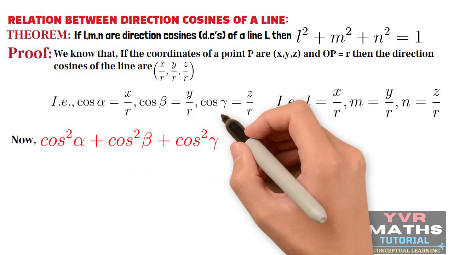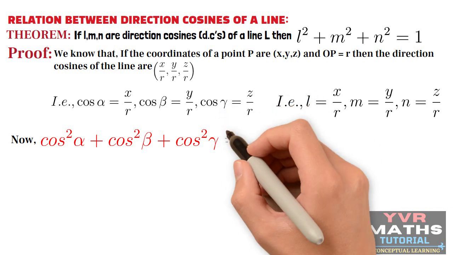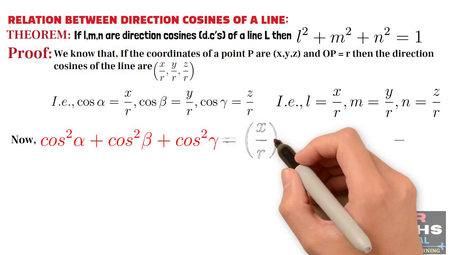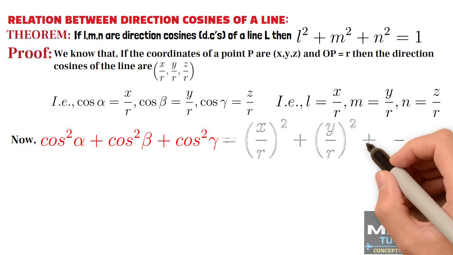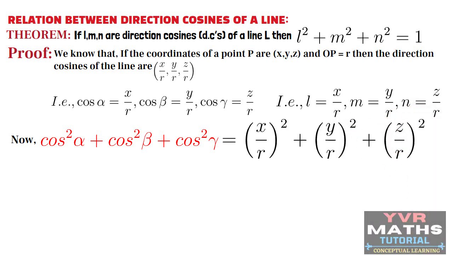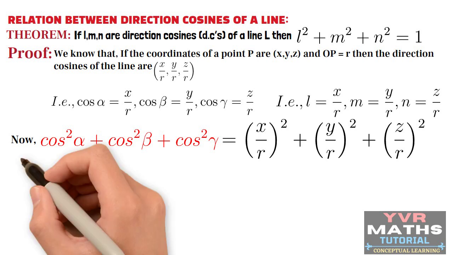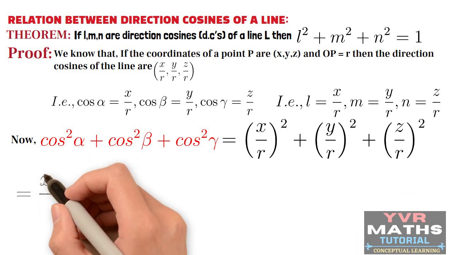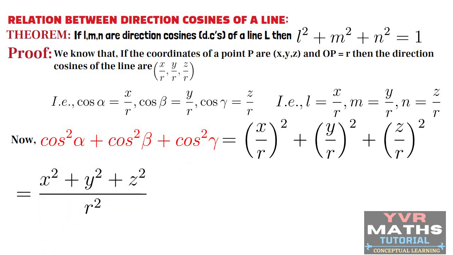Cos alpha is x by r, x by r whole square, plus cos beta is y by r, y by r whole square, plus cos gamma is z by r, z by r whole square. If you apply individual squares, then x square by r square plus y square by r square plus z square by r square. Now take LCM. LCM is r square.